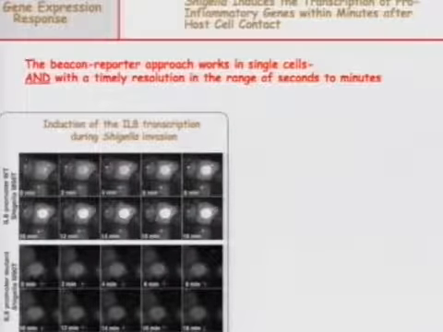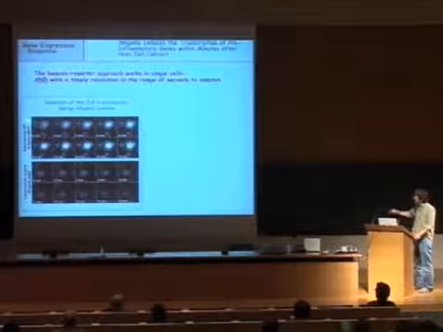But we were interested in looking at this in real time in single cells, and to do this we performed microscopy. Here we looked at the interleukin-8 transcriptional induction in single cells by adding Shigella to the cells, which induces a massive pro-inflammatory response, and the changes in transcription are massive.